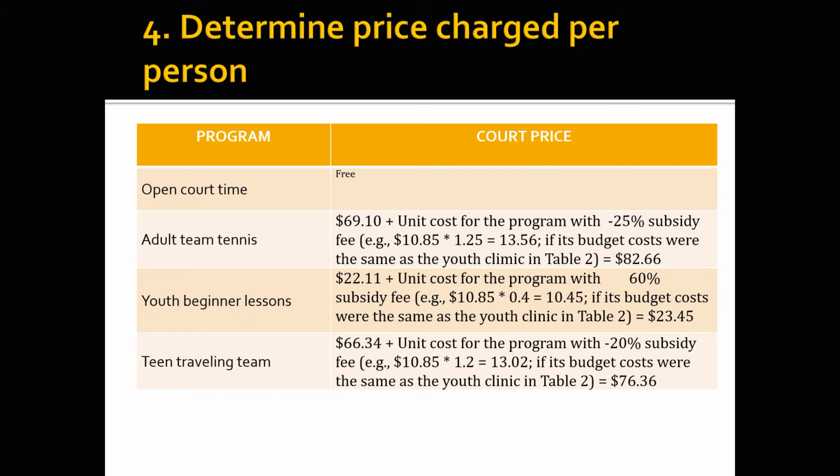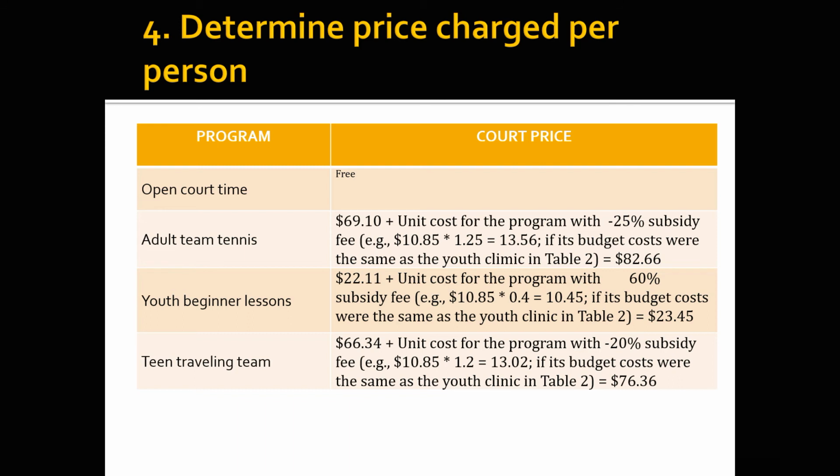Teen traveling, very similar to the adult. In this case, I take my court price for the teens, which is $66.34. Then we are going to look at the program cost recovery, but with a 20% subsidy, or negative 20% subsidy, pardon me, because we're going to make profit.